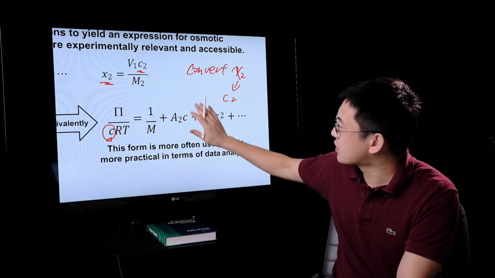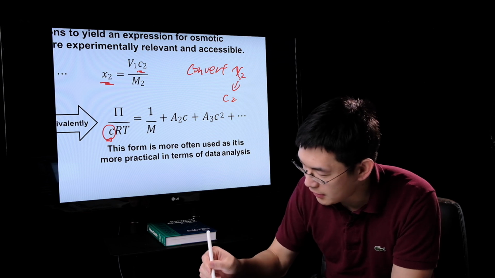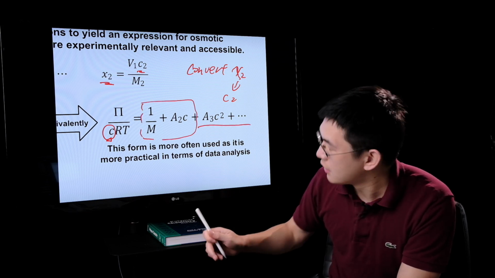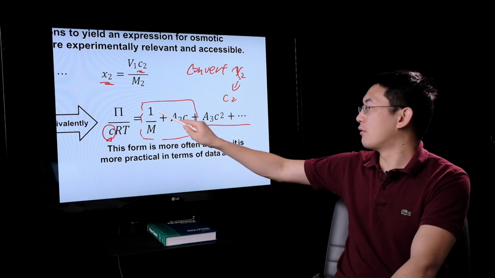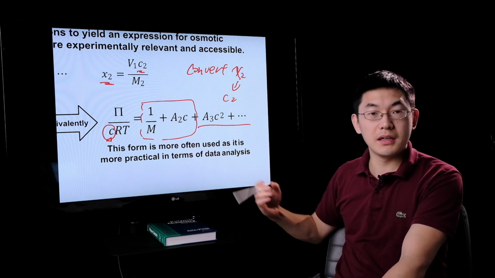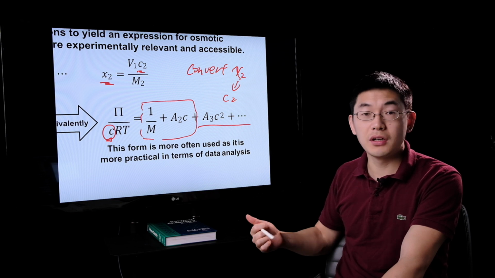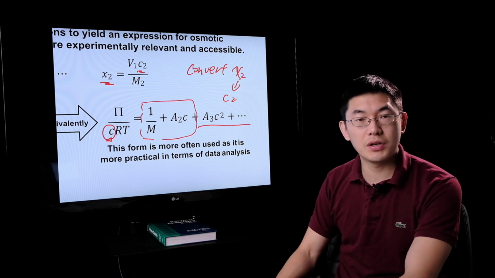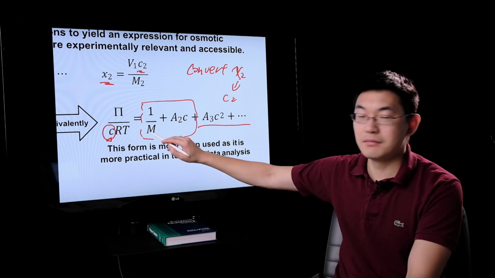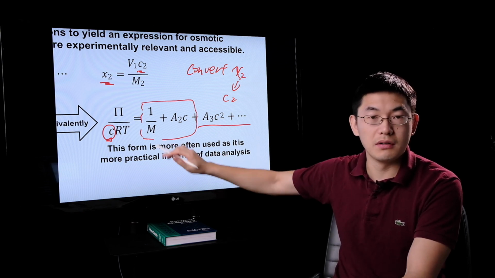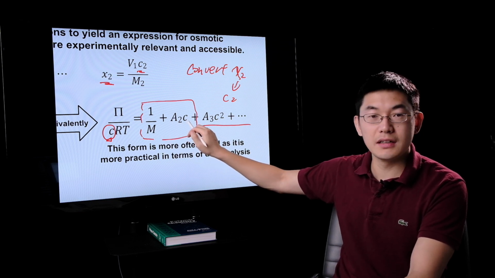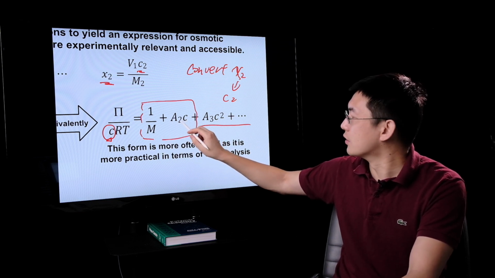Now if we omit the high order terms and only consider these two terms, you will see 1 divided by molecular weight will be a constant. If you know the molecular weight of your polymer, no matter how much concentration you put there, the molecular weight won't change, so you always have a constant term. And A2 multiplied by C is a linear fit to the A2 term.